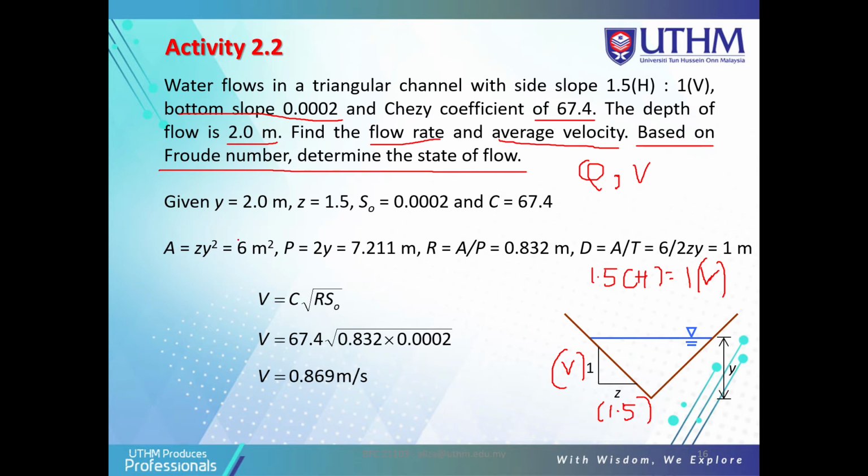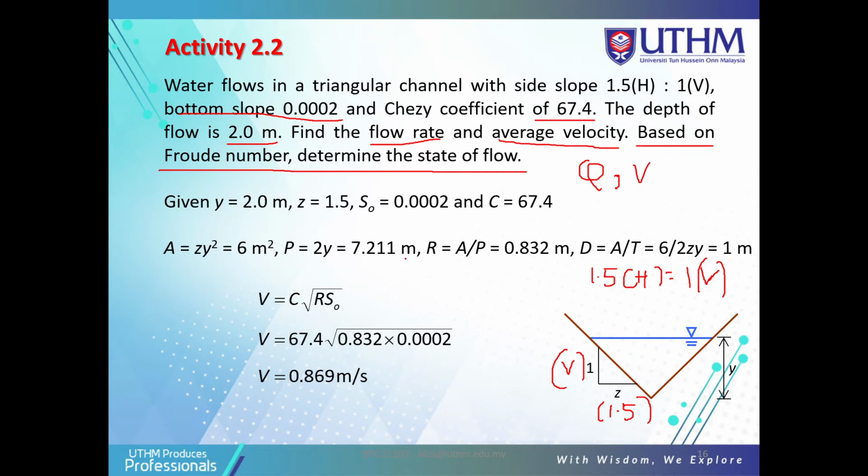So we get the value of A is 6 meter squared, the area of this channel. So for the perimeter, we use P is equal to 2y, times the square root of 1 plus z squared. Give the y here, 2 times y.